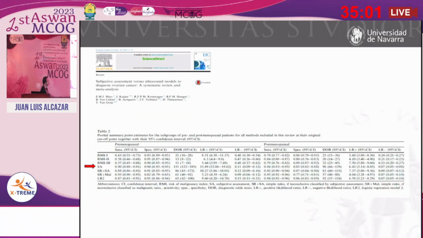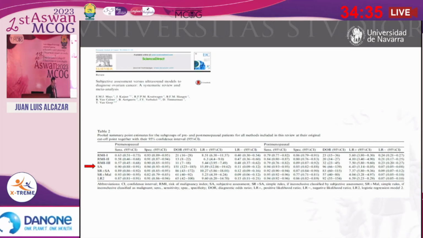When we have to decide which is the best to use, clearly this meta-analysis from the group of Evelyn Mays, published in 2017, reported that so far the pattern recognition by an expert examiner is better than the simple rules and the logistic models.